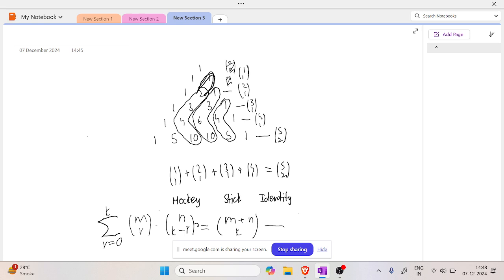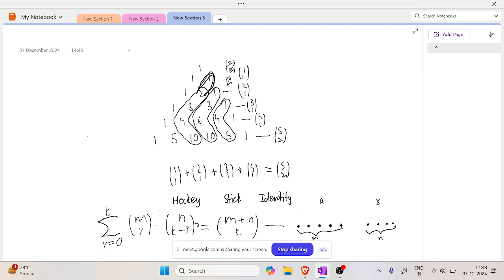So basically, what you can do here is that you have two sets A and B. Let's say A has m elements and B has n elements, and you need to collectively choose k elements from A and B combined.